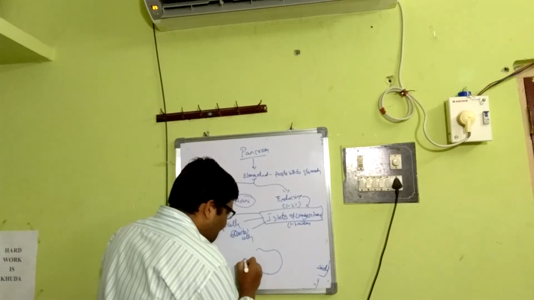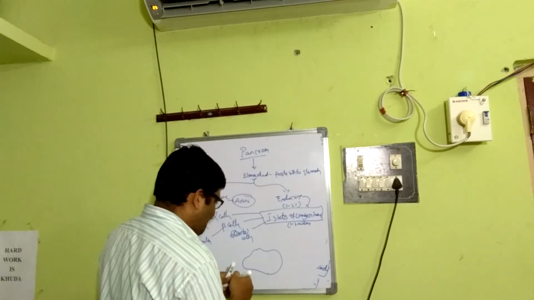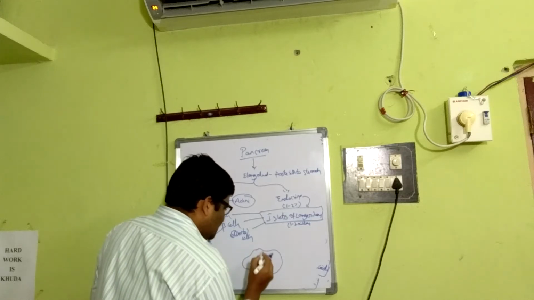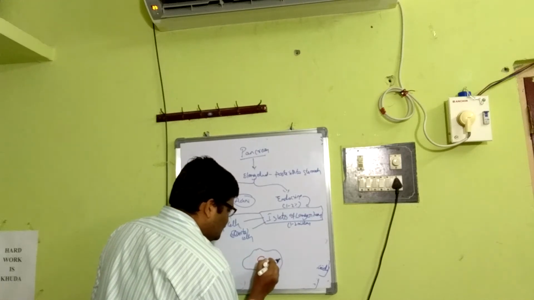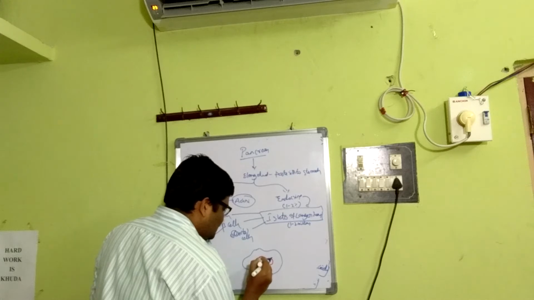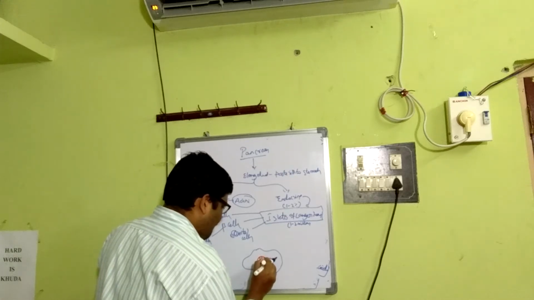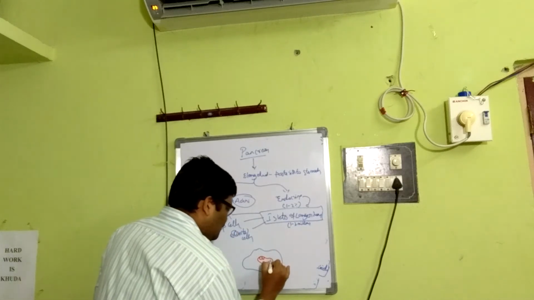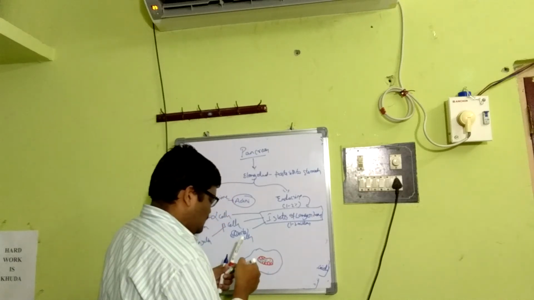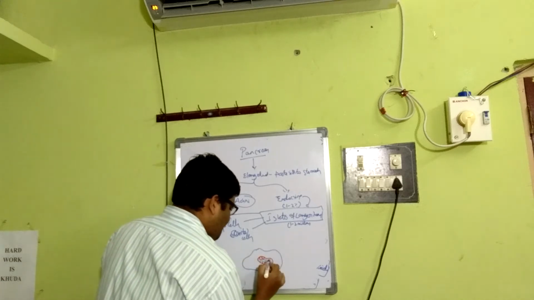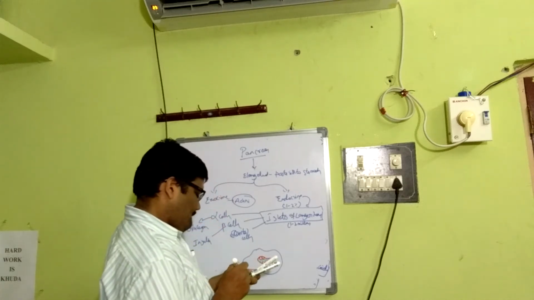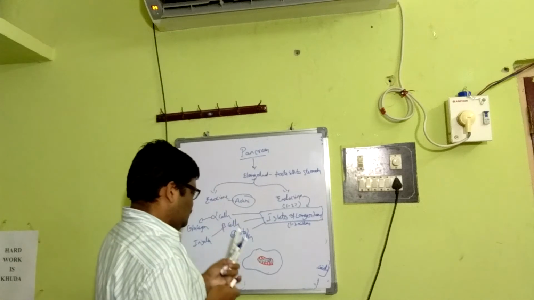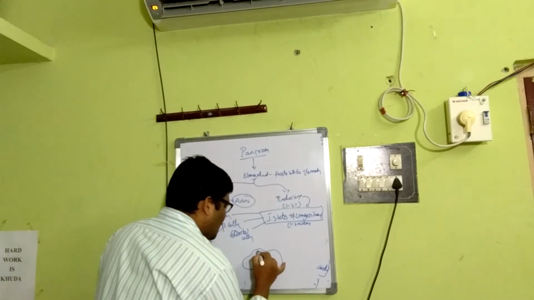So just take a cross-sectional view of the pancreas. It will be like this. In the central part, for example, this is the islet of Langerhans, with different cells: alpha, beta, and delta. There is the acinous part.